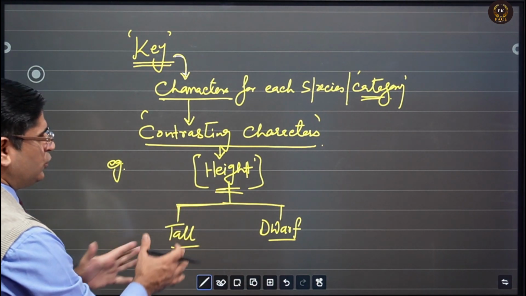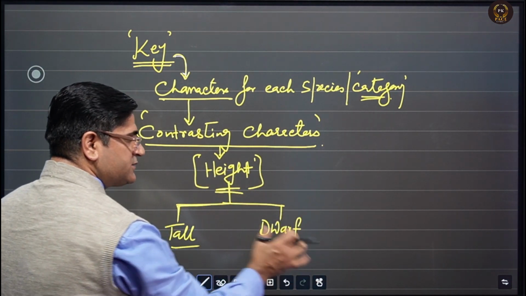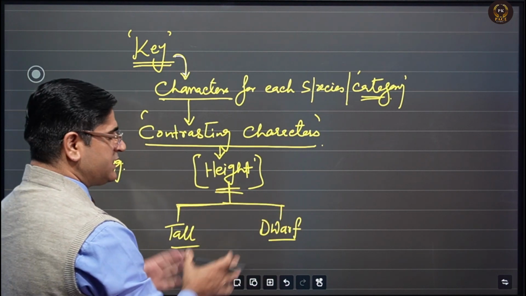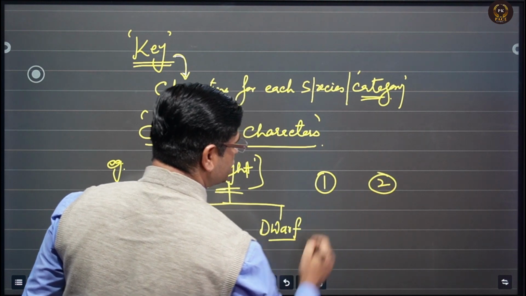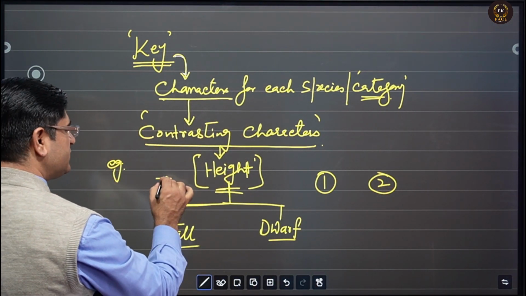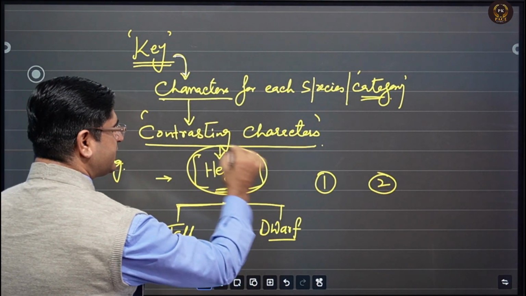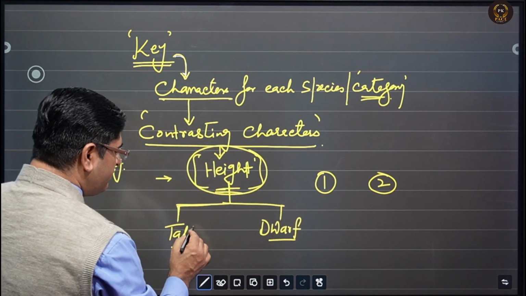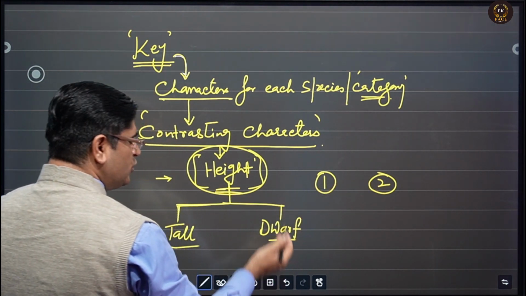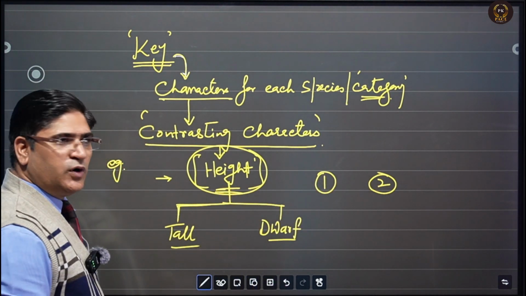Okay, so when the taxonomist has to differentiate between species 1 and species 2, and he has taken the criterion of the character height, he will see only which of species 1 and 2 is tall and which is dwarf.